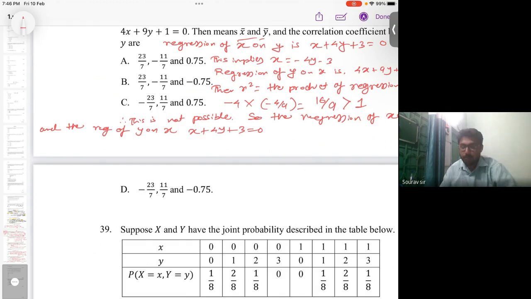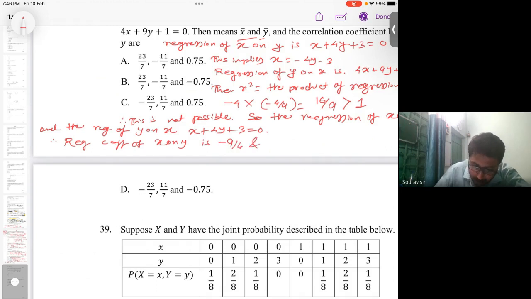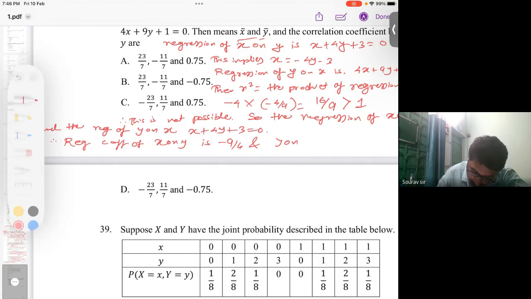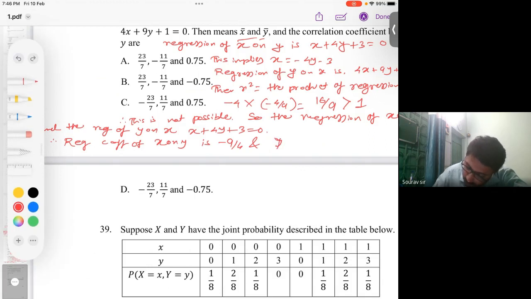So from this we have found that the regression coefficient of x on y is -9/4 and y on x is -1/4.